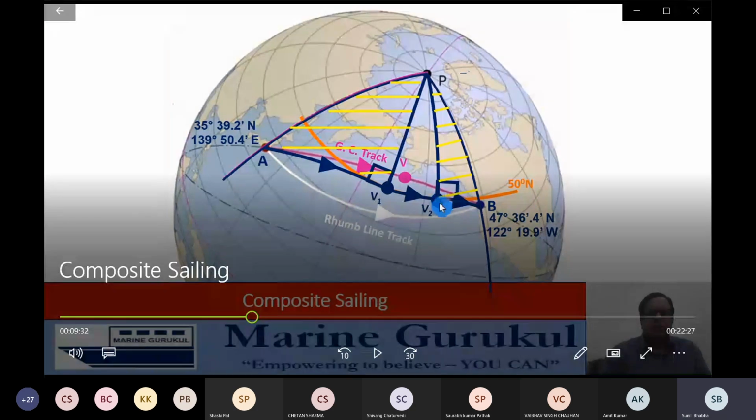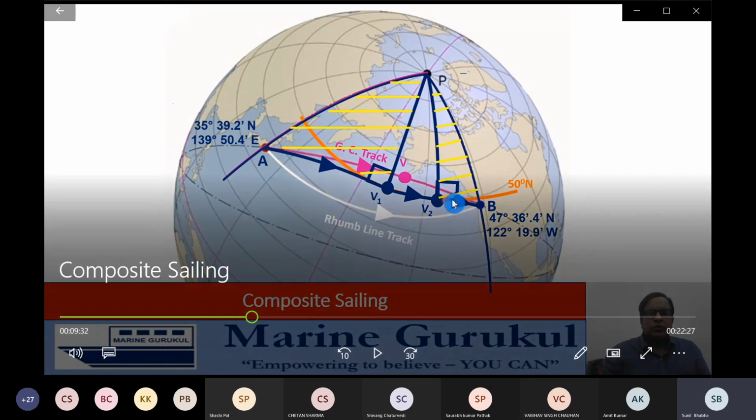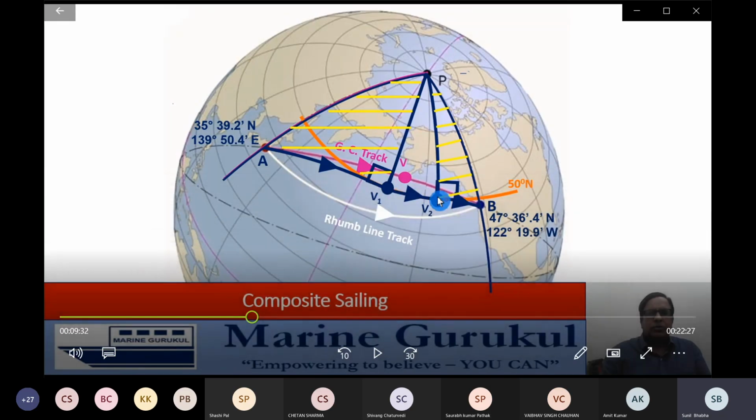We reached V2, and from V2, we moved on the second great circle track on our passage, Victor 2 to Bravo, and finally reached our destination. Since it involves GC sailing and parallel sailing, two different types of sailing, it is known as a composite sailing. So up to here is clear to everyone, beta?